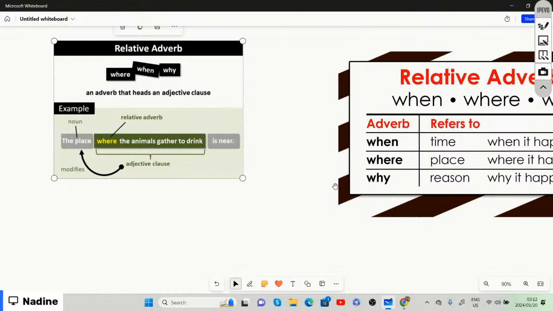And we said a relative adverb, where, when, and why, is an adverb that heads an adjective clause, right? For example, this place where the animals gather to drink is near. So the words this place are a noun.